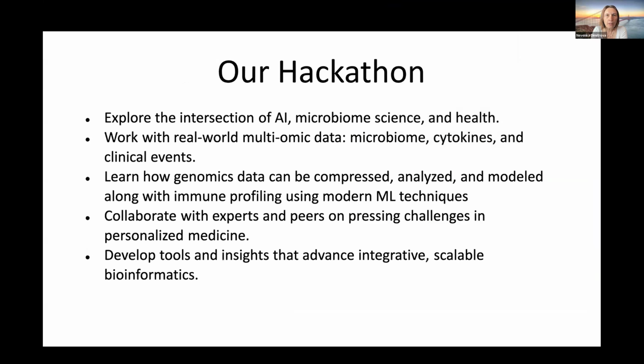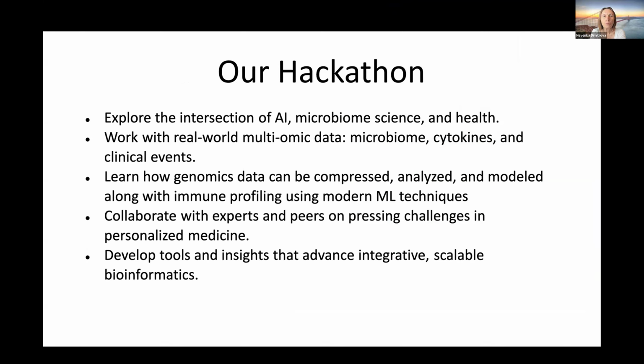So let me explain at sort of 30,000 feet elevation. This is really an exploration at the intersection of AI, microbiome science, and health.